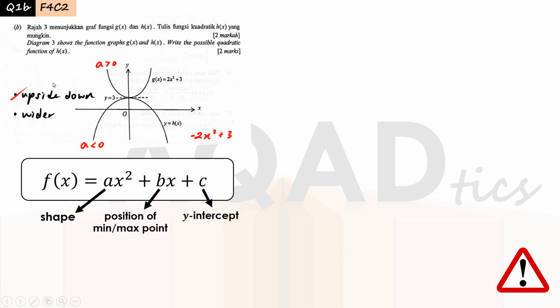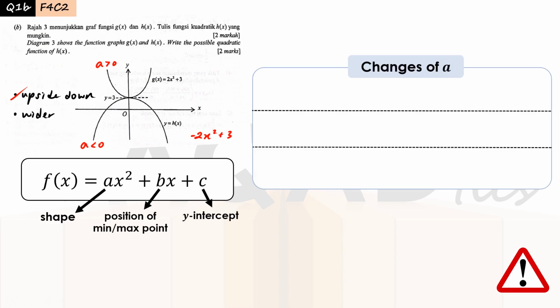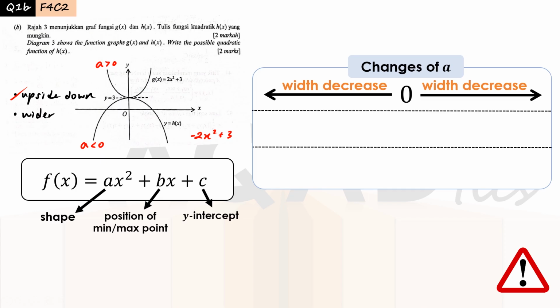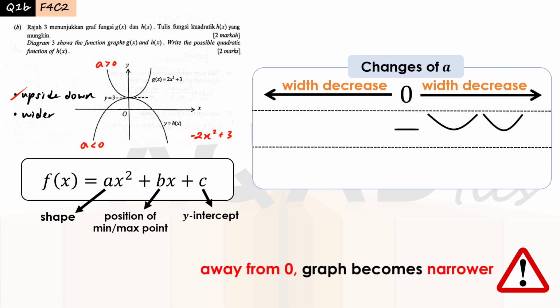So the second thing is, it becomes wider. So this actually relates to A, right? Because in the previous part, we said that A helps us to control the shape of the graph, either become narrower or wider, right? So recall back when we change the value of A, if A changes in a way that is away from 0, meaning from 0 to 5, the graph becomes narrower, which is something like this.